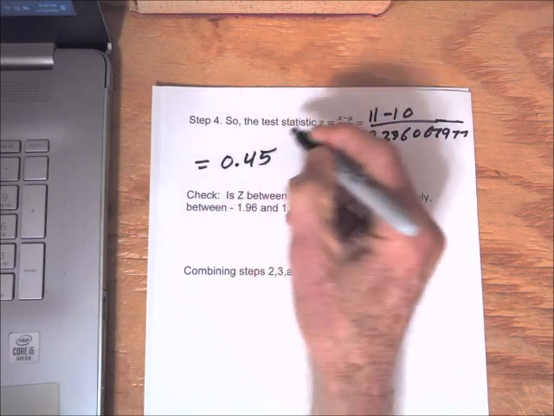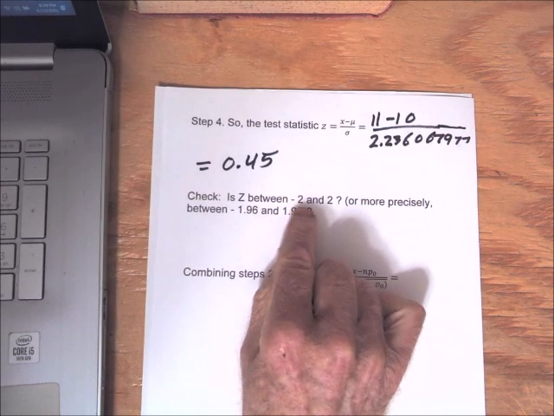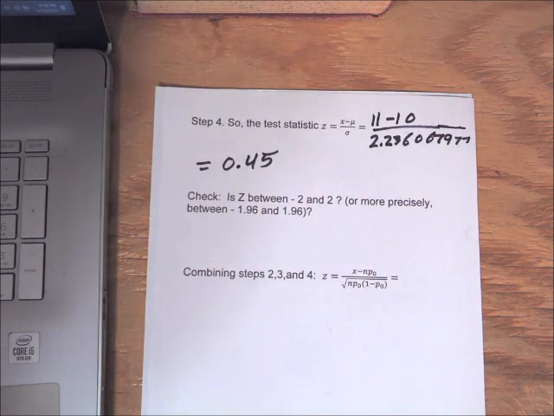0.45. Okay, so this is not an unusual z-score. Anything between -2 and 2 would be not unusual.